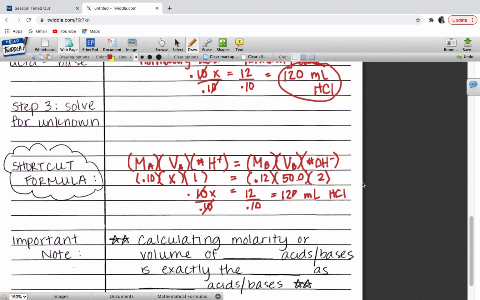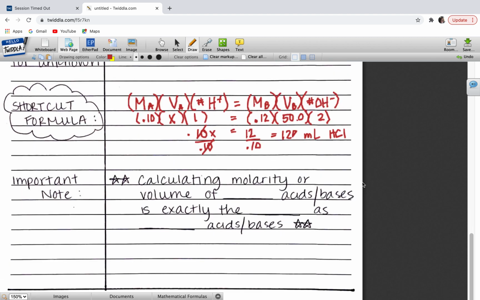You guys are going to be able to use that shortcut formula a lot. And I want you to know that while you're calculating the equivalence point, when you're trying to figure out the molarity or the volume required to get to that equivalence point, it is going to be exactly the same for weak acids and bases. We're going to use the same formula as when we're calculating the equivalence point for strong acids and bases.